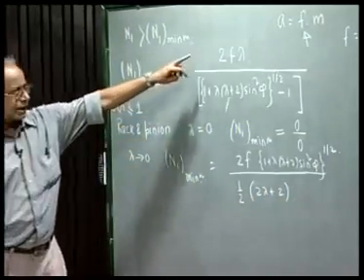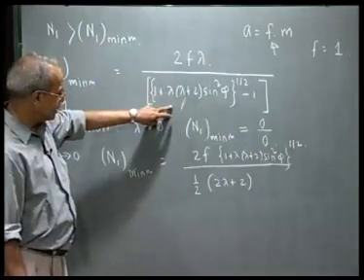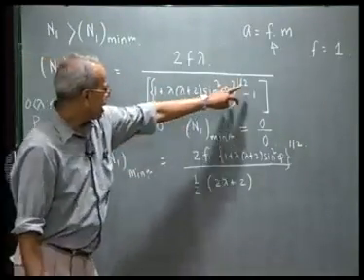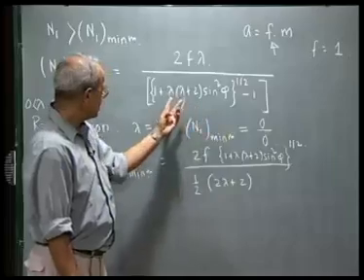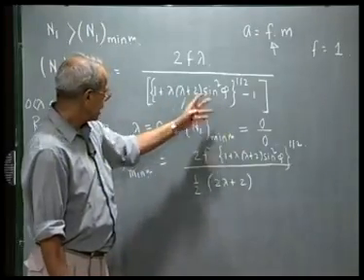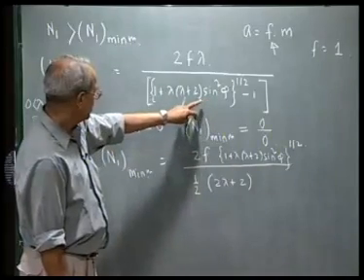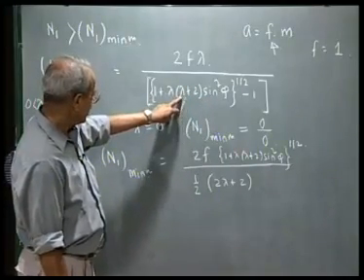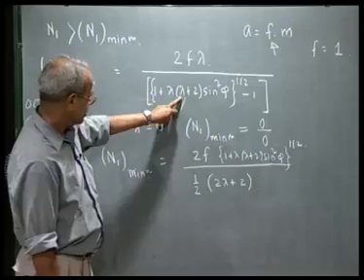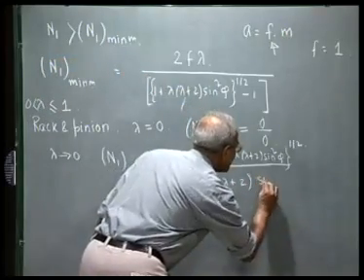If I take the derivative of the numerator and the derivative of the denominator, this is what I get, half into this to the power minus half, then while differentiating this with respect to lambda, I am getting sine squared phi.